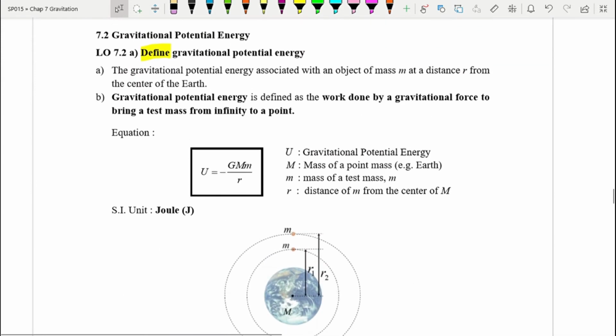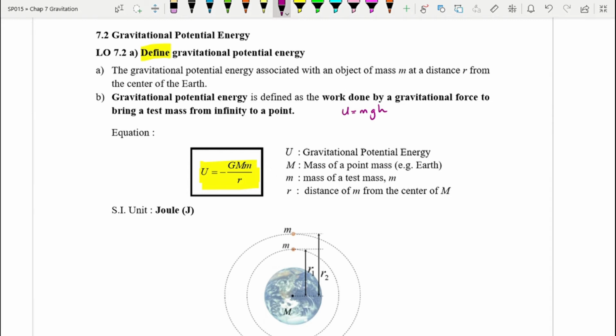Okay, so basically apa yang saya dah explain dalam animation tadi, saya explain tentang formula U equals to negative GMm over r ni. Datangnya daripada basic formula untuk potential energy, which is U equals to mgh. Okay, kenapa kita tak gunakan mgh sedangkan ini pun potential energy?